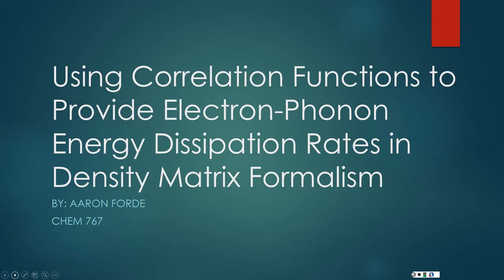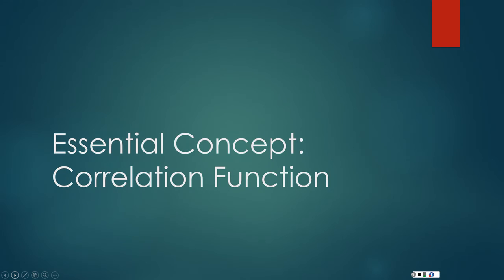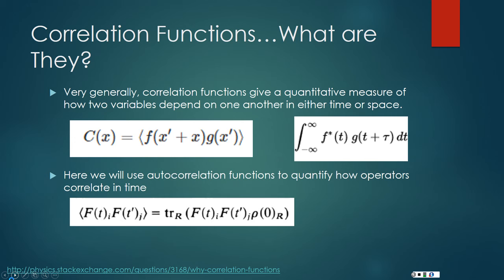So for my presentation, I'll be talking about how correlation functions are used to get dissipation rates in the density matrix. So the essential concept here is, what is a correlation function? Very generally, correlation functions are a measure of how two variables depend on one another in time. The best explanation is maybe this figure here.